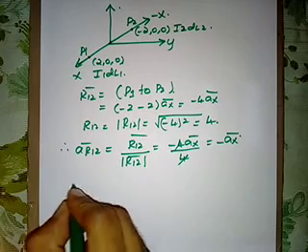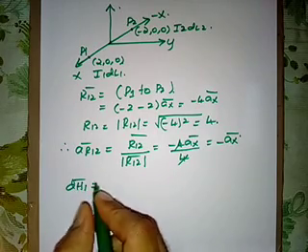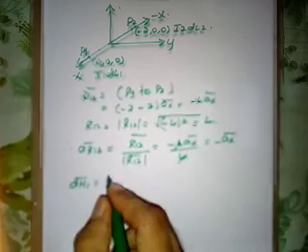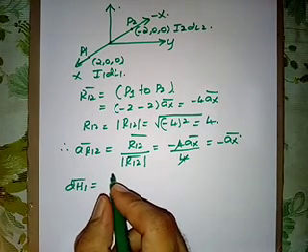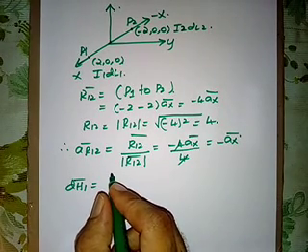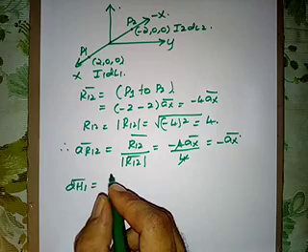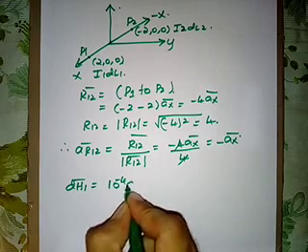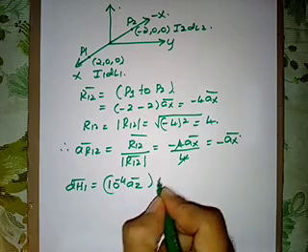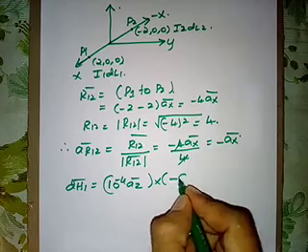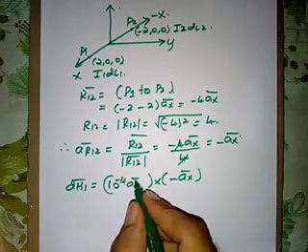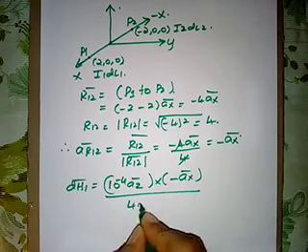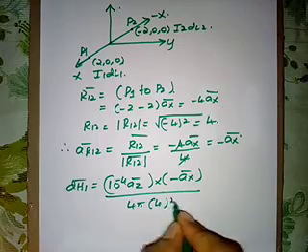Hence dH1 bar is equal to, what is I1 dl1 bar? 10 raised to minus 4 az bar, this into minus Ax bar, that is aR12 bar, this divided by 4 pi into 4 square.